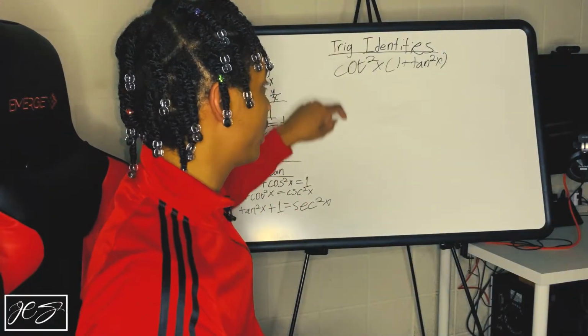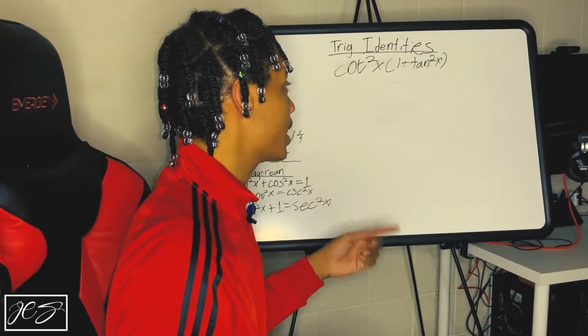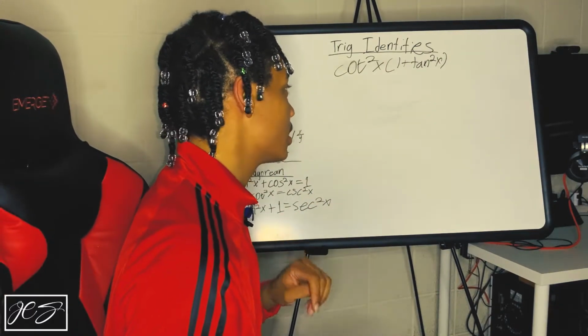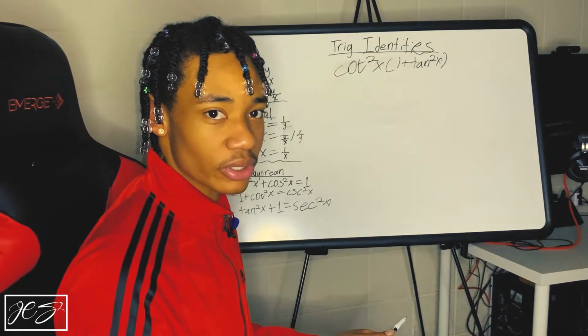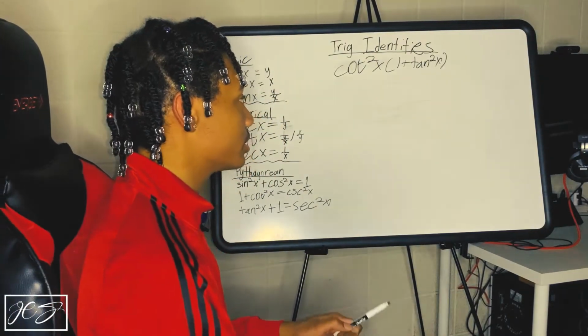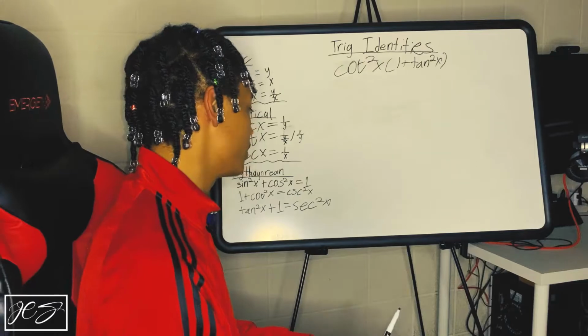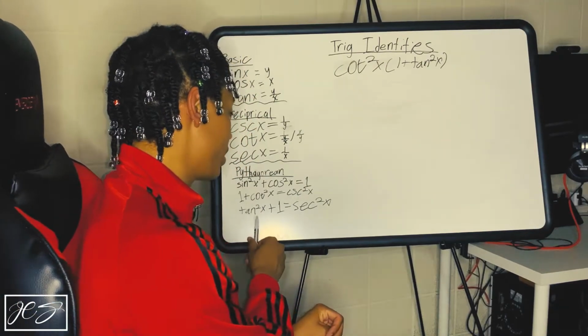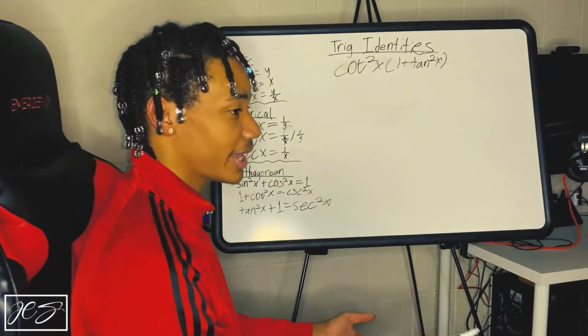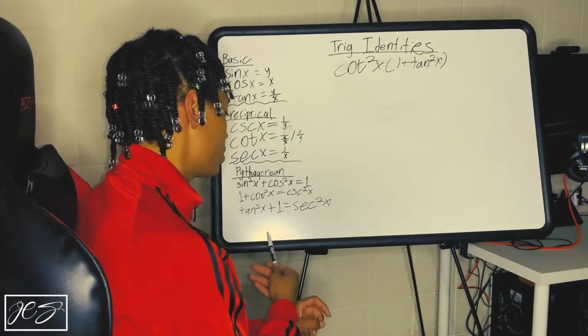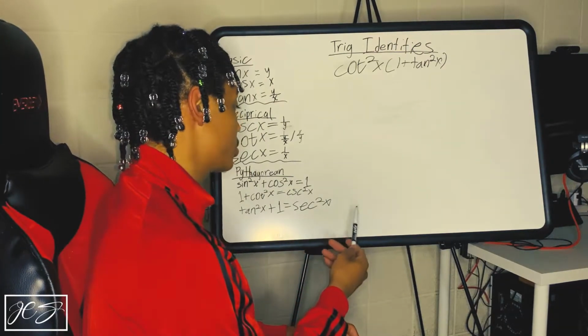So here we have cotangent squared x times 1 plus tangent squared x. Also remember, it doesn't matter which order it is if it's addition, because addition is commutative. So tan squared x plus 1 and 1 plus tan squared x are the same thing. Yeah, so tan squared x plus 1 equals secant squared x.